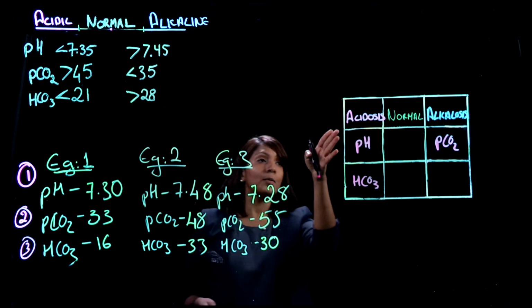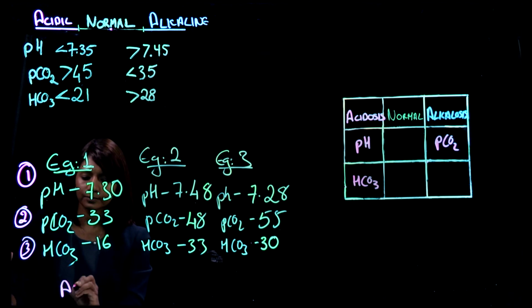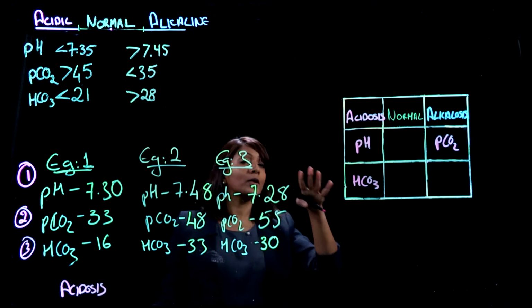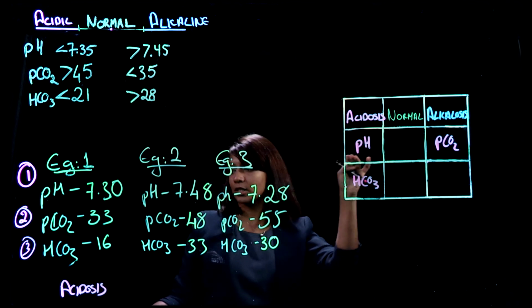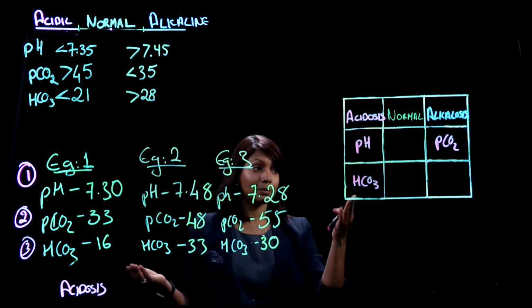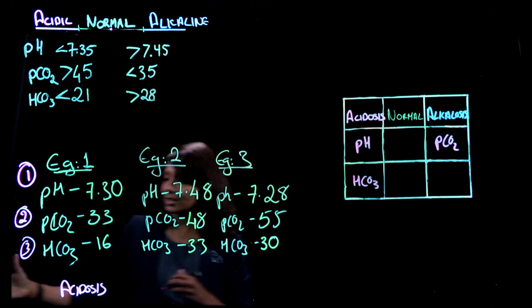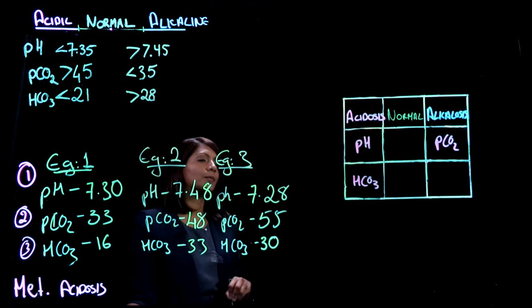So now, because we know the pH is in acidosis, we also know that the bicarb is causing that acidosis, because the bicarb is low, which means there's not enough buffers to get rid of all of that acid. Bicarb represents the metabolic system. So this is metabolic acidosis.